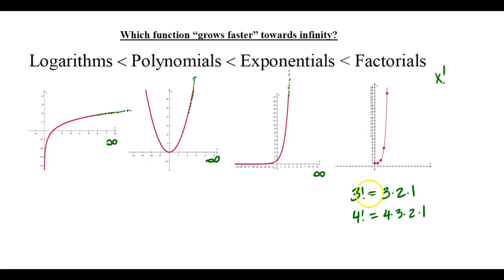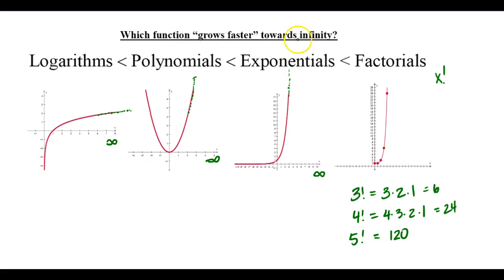You can see that 3 times 2 times 1 is 6, and then 4 times 3 times 2 times 1 is already 24. So it's a huge jump. Just going from 3 to 4, we go from 6 to 24. And if we compute 5 factorial, that's 120. So another huge jump just by going up an integer value. The factorial function actually grows faster than any of these other functions.